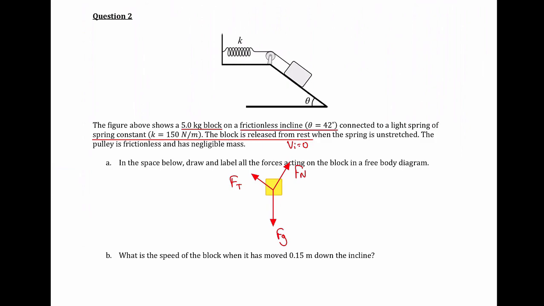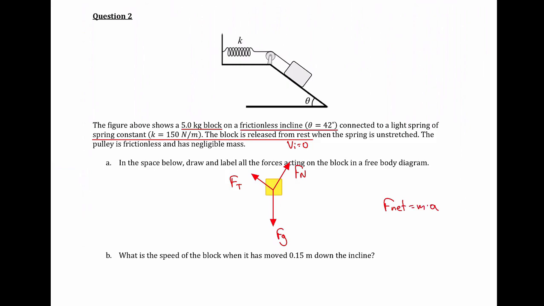Now the question is, what is the speed of the block when it has moved 15 meters down the incline? Now there are a few ways that we can work here, but let me explain why we cannot work with F net equals mass times acceleration.